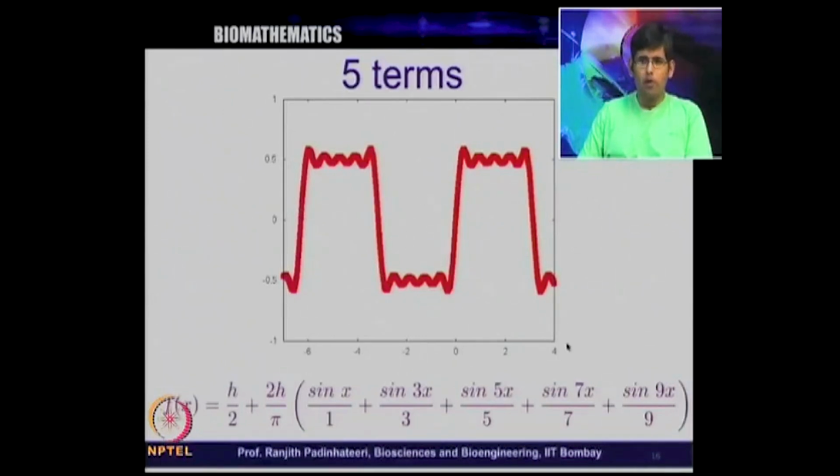Now, if you add more and more terms, as you add 11, 13, 15, 17, and as you go to infinity, this will become a perfect square wave. That is the idea.